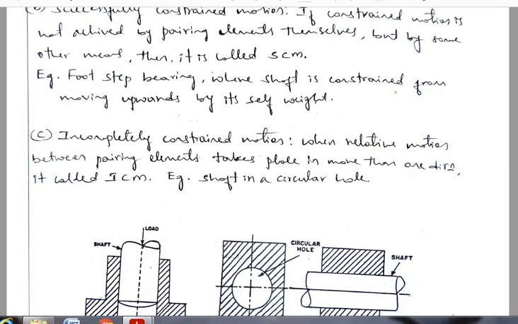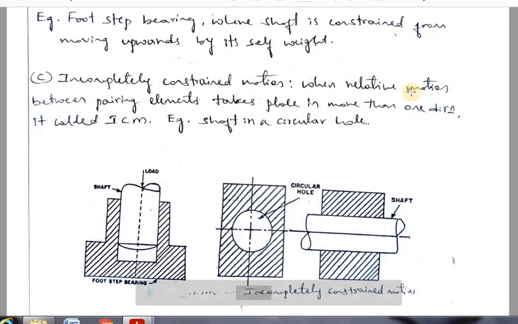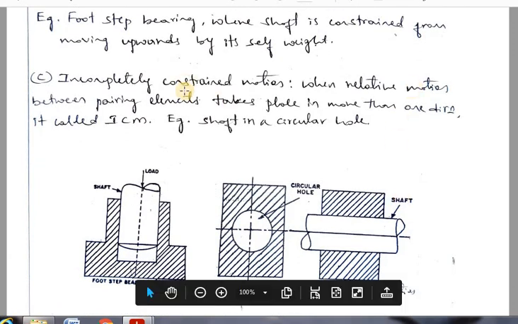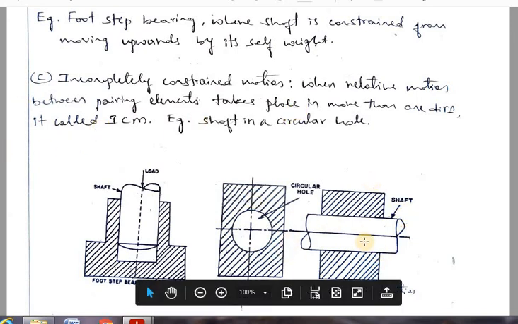Next we have incompletely constrained motion. When relative motion between pairing elements takes place in more than one direction, then it is called incompletely constrained motion. An example is a shaft in a circular hole. You can see in this figure a circular hole where you can put the shaft.